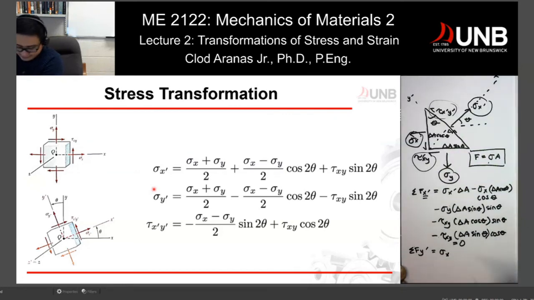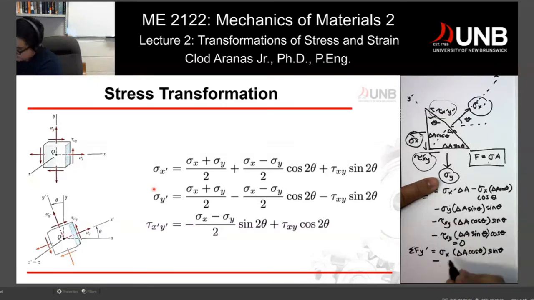Your sigma x, this one right here, is equal to delta A cosine theta, which is our area, times sine theta. Now we move to our sigma y. So minus sigma y.